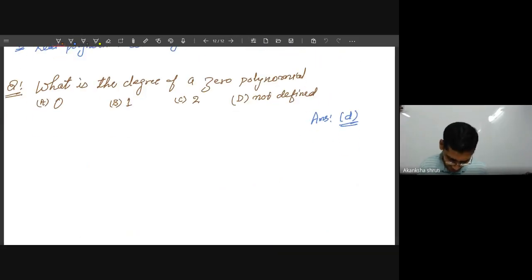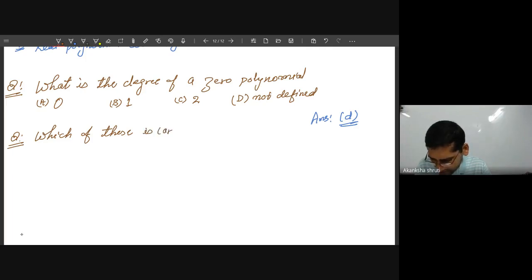Students, the other question is: which of these, you also write the question, is or are 0 polynomial?